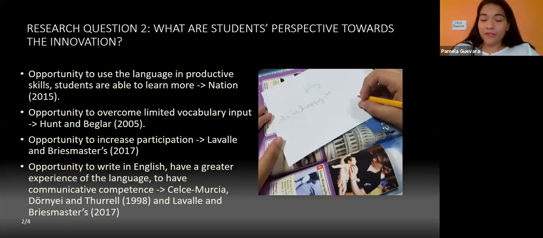In the second aspect, in terms of their attitudes towards the innovation, they thought that they had more opportunities to use the language. I have to be very honest with you. During the activities, I noticed that I could not only focus on writing.